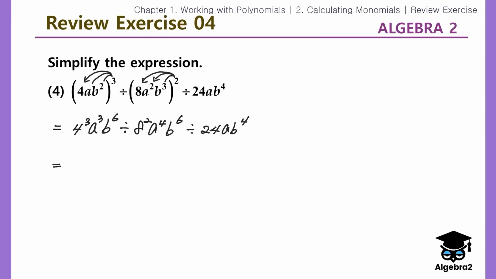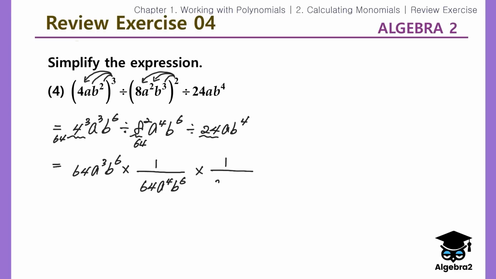So let's convert those divisions to multiplications. So let me just write 4 cubed, 64. Okay, that's 64. 8 squared is also 64, and we have 24 here, right? So that's going to be 64 a cubed b to the 6 times 1 over 64 a to the 4 b to the 6, times 1 over, again, 24 a b to the 4. So numbers, 64, 1 over 64, 1 over 24, right?